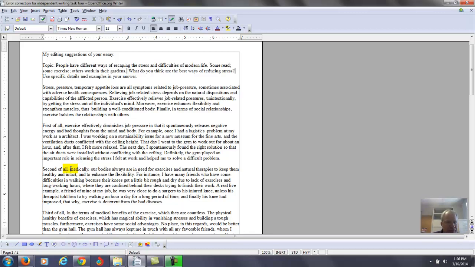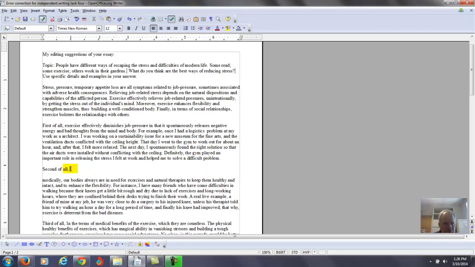For instance, I have many friends who have some difficulties walking because their knees get stiff. If something's stiff, it needs to become more flexible. Due to lack of exercise and long working hours, where they're confined behind their desk trying to finish their work.